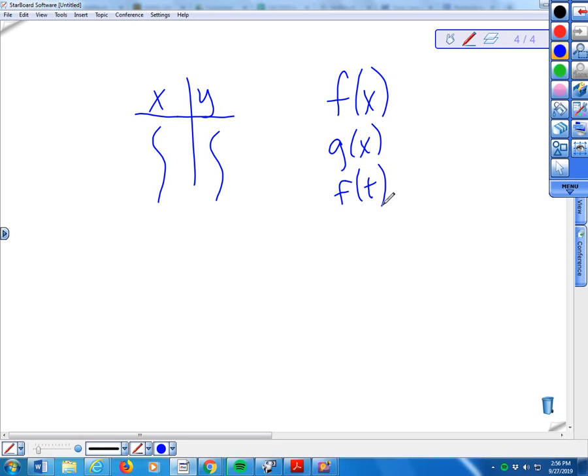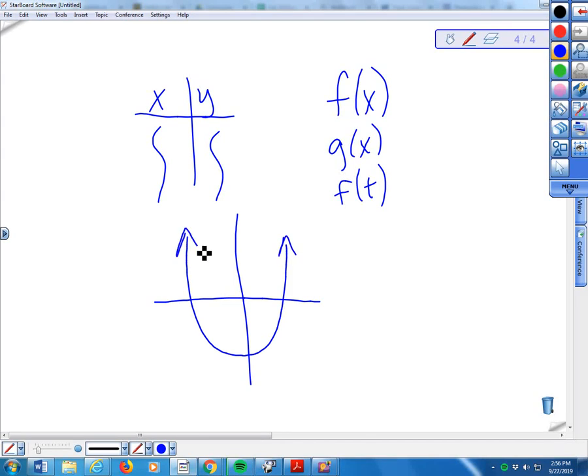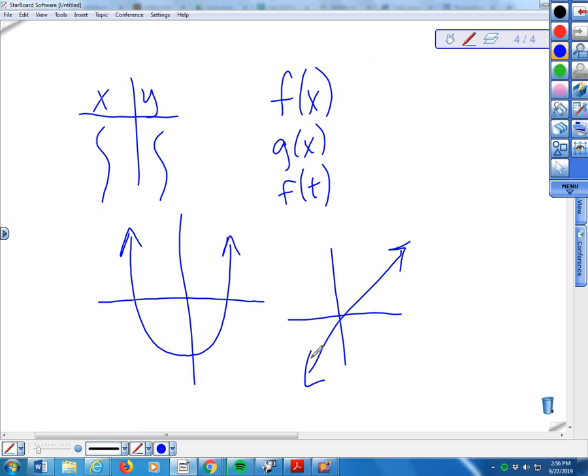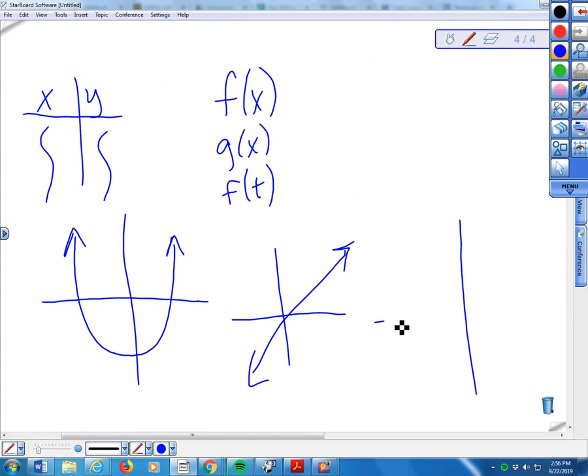Okay? Functions, graphically, I'm just going to graph this one, and I'll graph this one, and I'll graph this one. Okay, all three of these are relations. All three of these are somehow x is related to y. The two on the left are called functions.